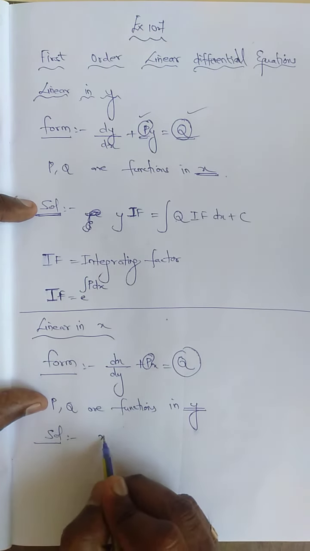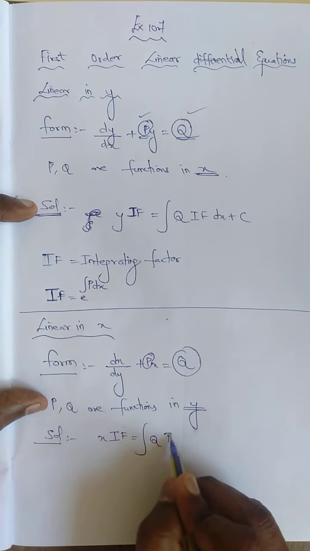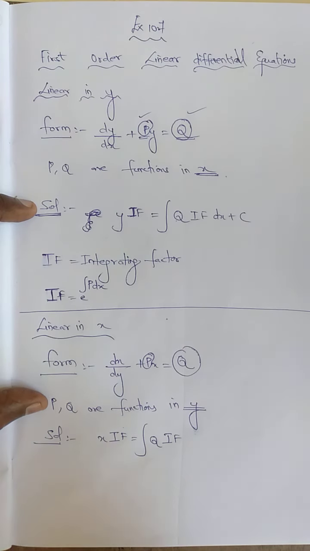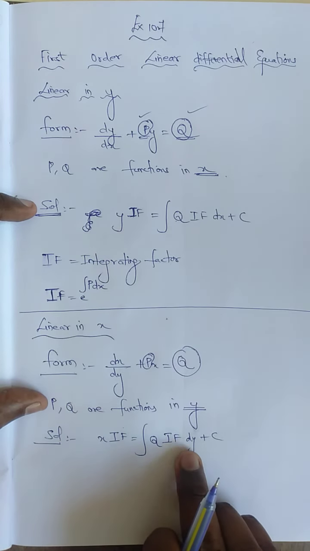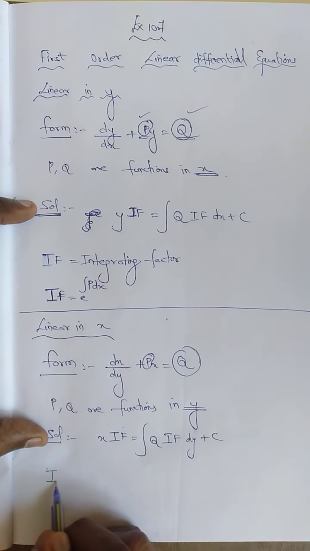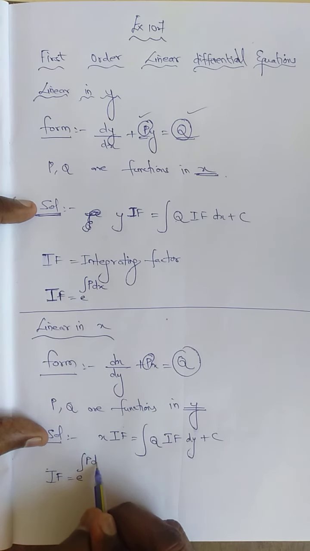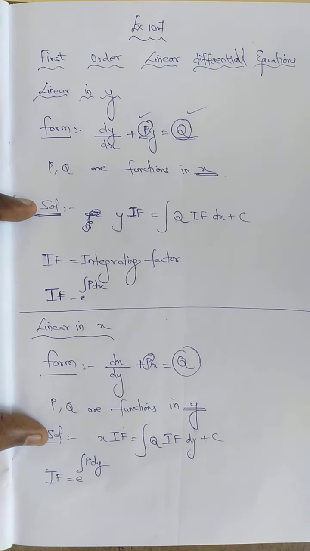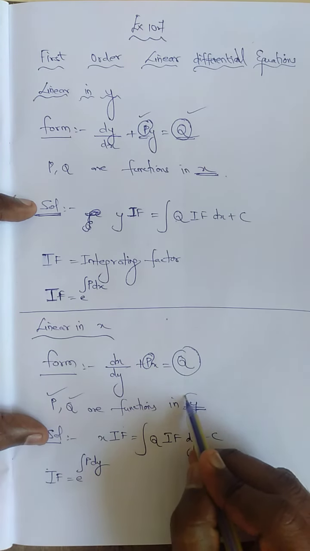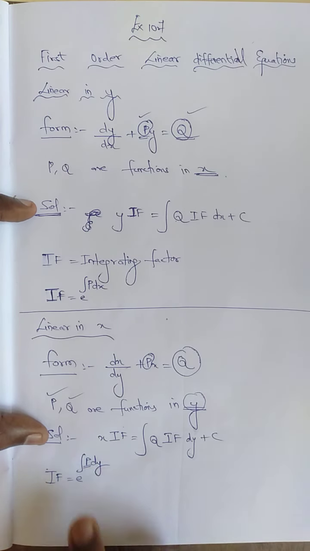The solution is x IF is equal to integration of Q IF dy plus c. Here not dx, so I want to put dy plus c. Here the integrating factor is e integration of P into dy. P and Q are functions of y, so that will be only the y variable.